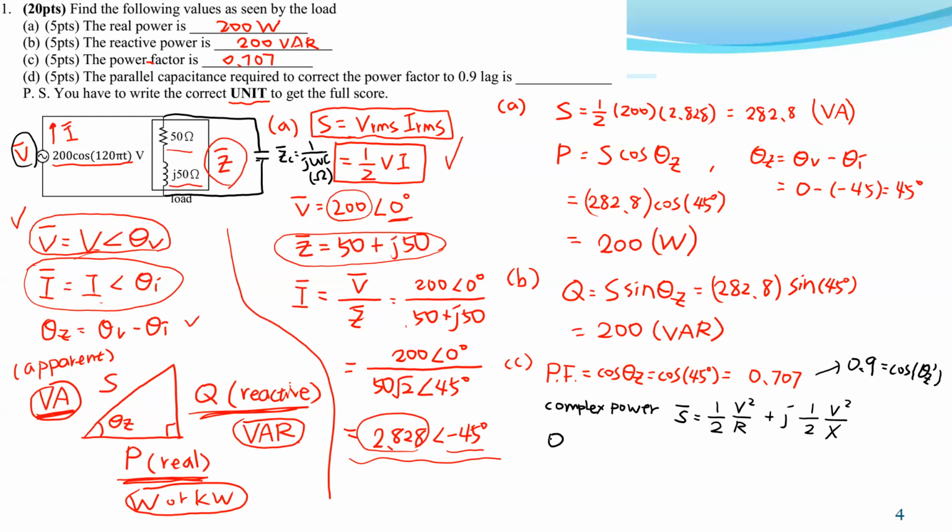Theta z prime is arc cosine 0.9, which is 25.842 degrees.